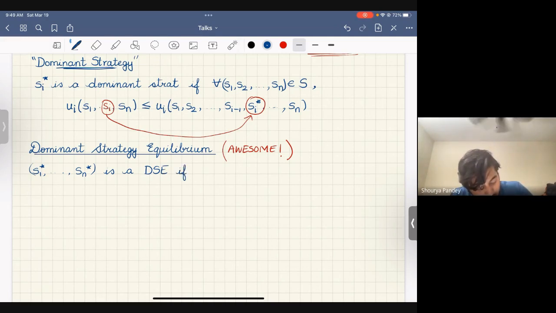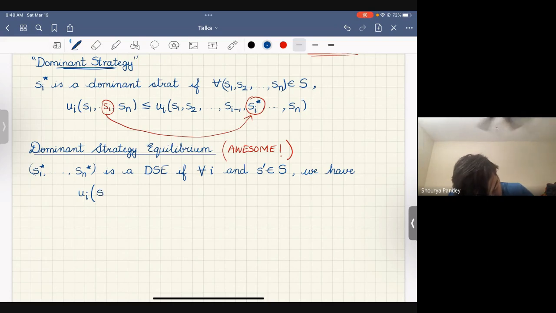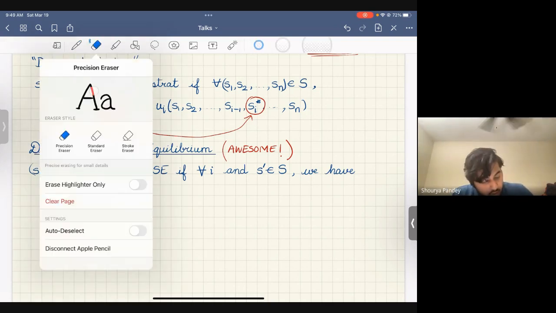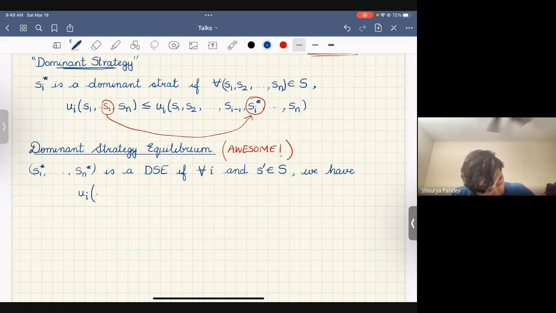for each player i and any other strategy S prime, we have that the utility obtained by player i in this... Okay, so we have S prime i as what player i is doing, but we'd also refer to S minus i prime as what everyone else is doing.